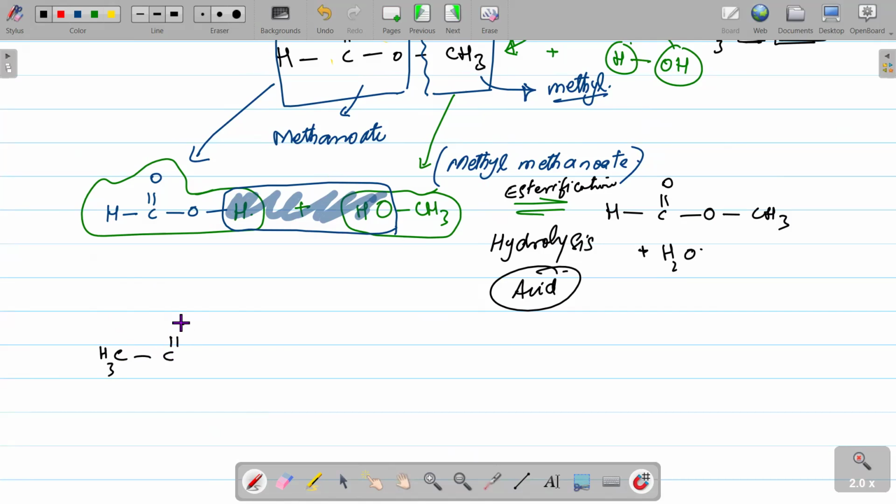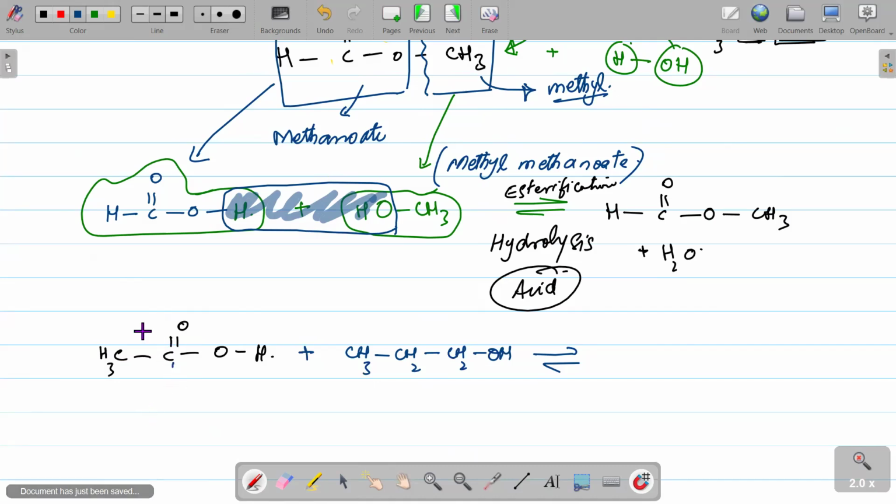this carboxylic acid, name of this carboxylic acid, you can see there it has two carbon atoms, so it is ethanoic acid. When it reacts with an alcohol, let's say I have this alcohol. Now the name of this alcohol, let's name first of all this acid.